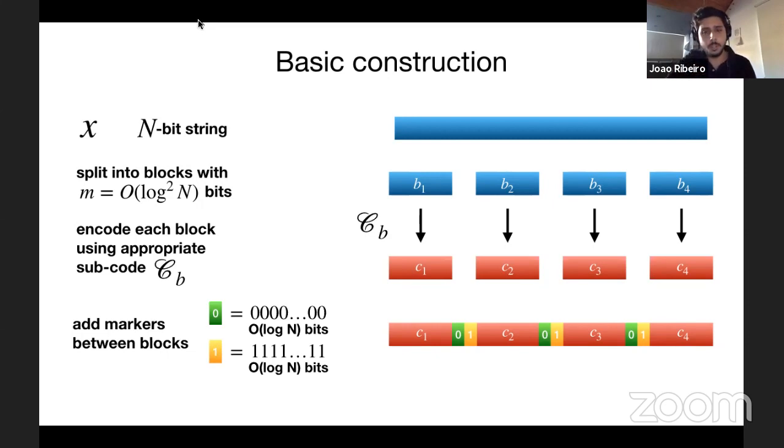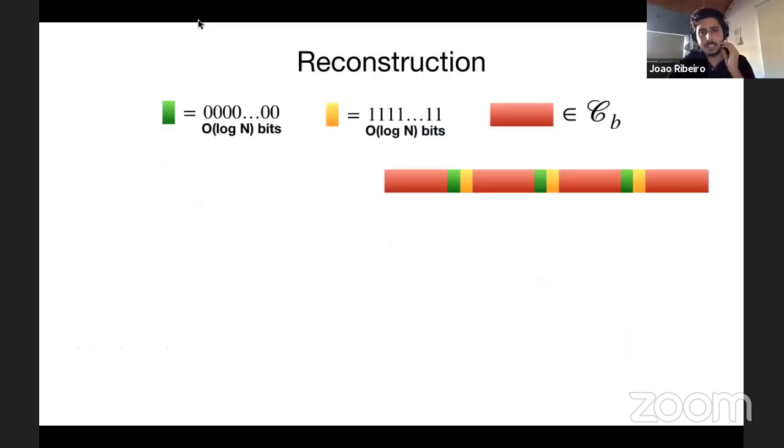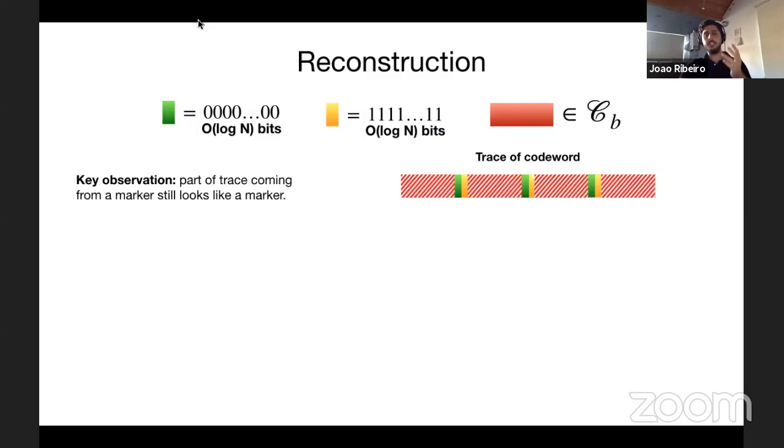All right. So you have a code that looks like this. How would reconstruction work? Reconstruction will be very simple if we are careful with the design of our subcode. Say you have your code, you apply some deletions and you get a trace. The key observation is that the trace of a marker still looks like a marker, because you will still see a long run of zeros followed by a long run of ones.